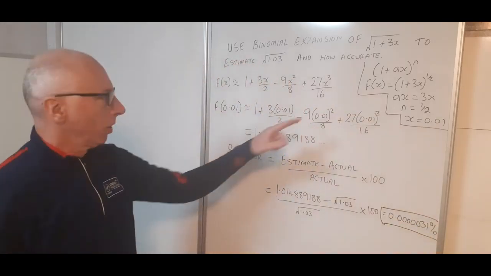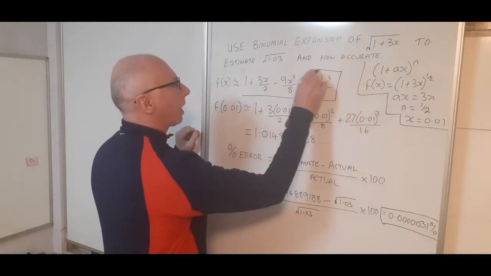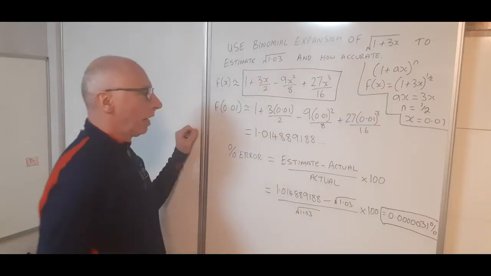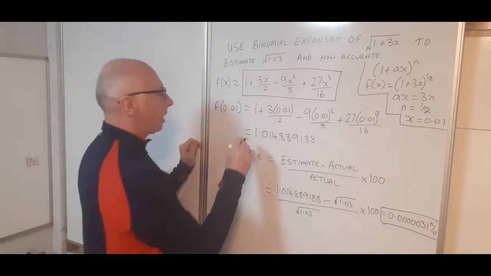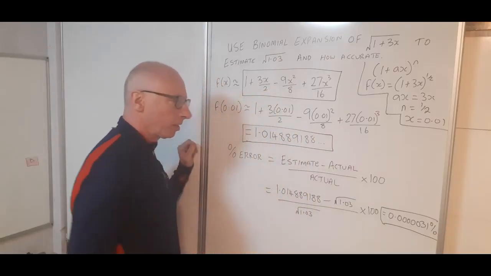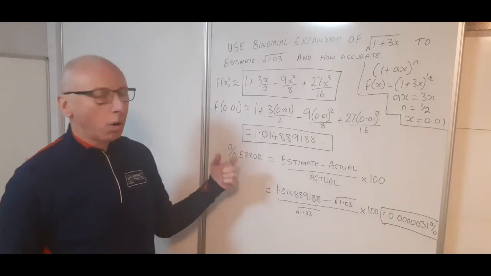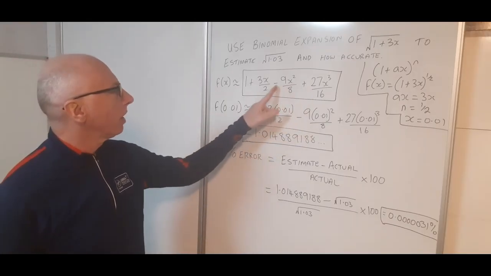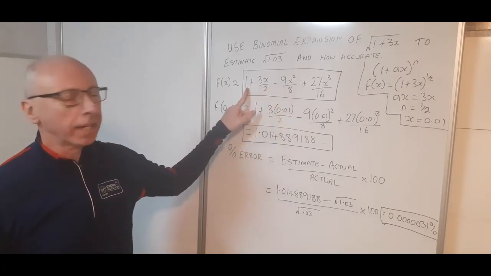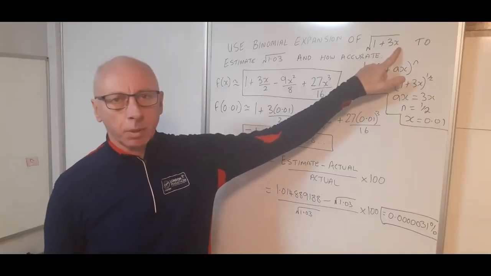This is my binomial expansion of the square root of 1 plus 3x. And then this is my actual estimated value. So there are the 3 component parts towards my answer. And we also want to work out to what values of x this expansion is valid. Now to do that, all we do is use this ax input.